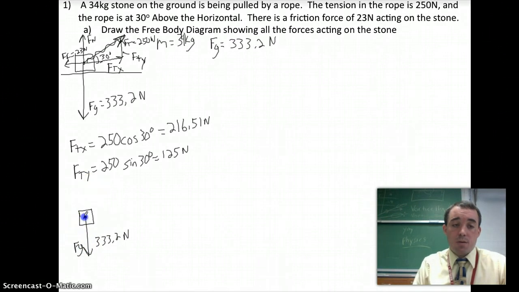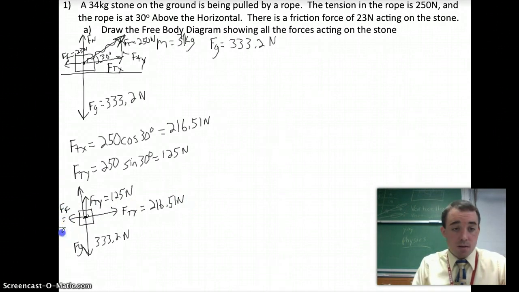I have two vertical forces: the normal force, which I'll get to in a second, and my FTY of 125 newtons. I have my FTX of 216.51 newtons, and I have my force of friction of 23 newtons.